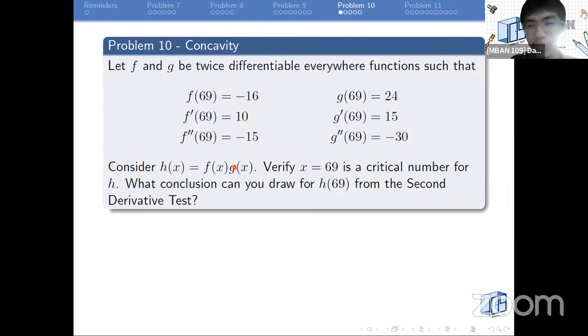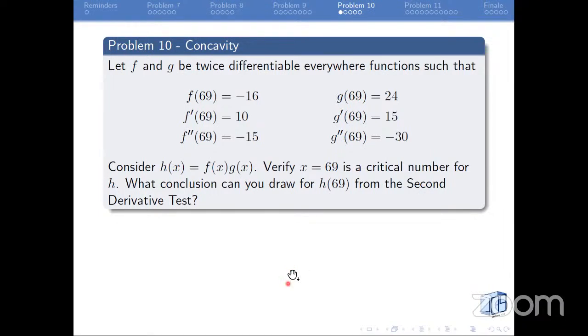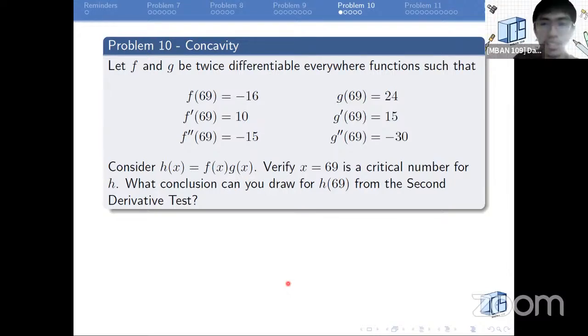So yun yung dahilan kung bakit yun yung given, parang you were tested if you know your differentiation rules in multiplication of two functions. Okay. Ayan, okay na siya. So, there are no questions na left here sa problem. You can now proceed. Thank you. Okay.